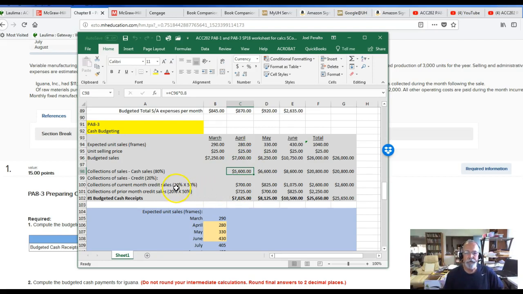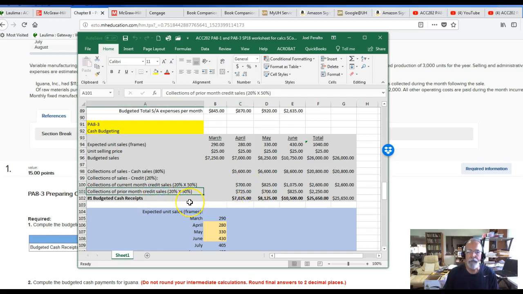And then of the remaining 20%, which are our credit sales, 50% of those credit sales are from the current month. So 7,000 times 20% times a half is $700.